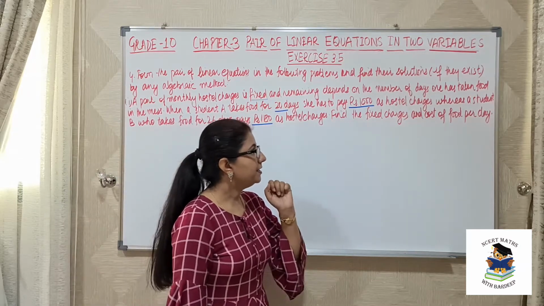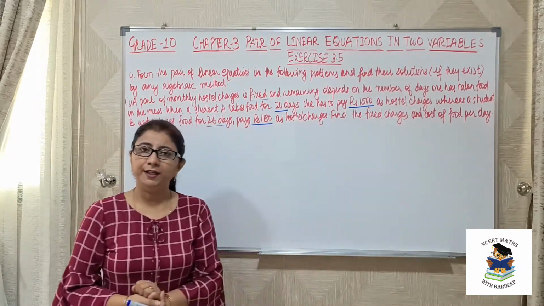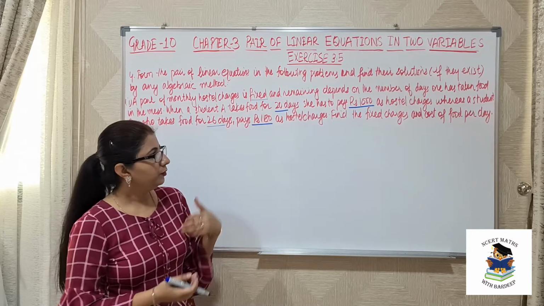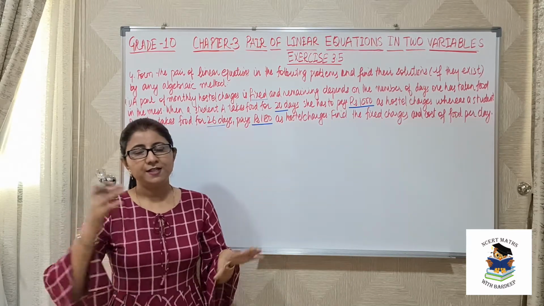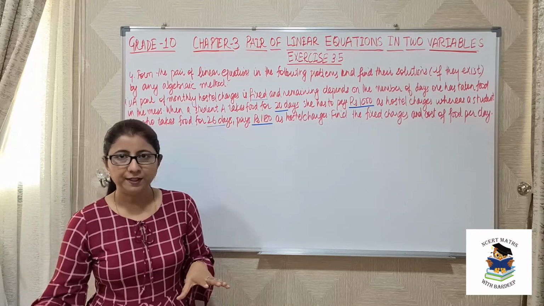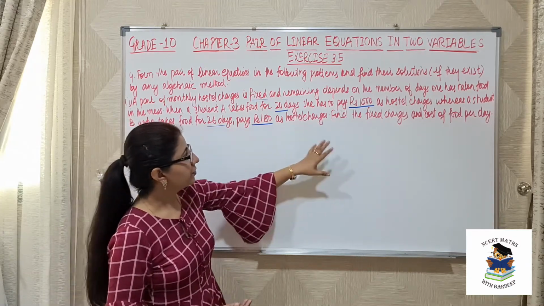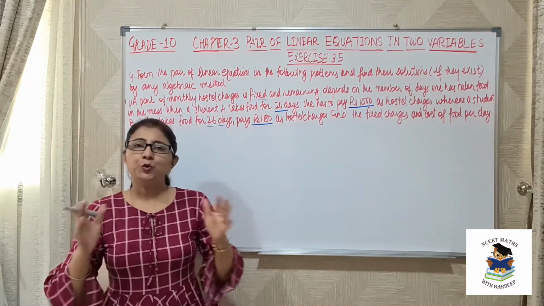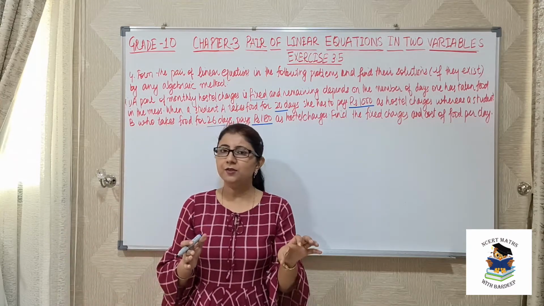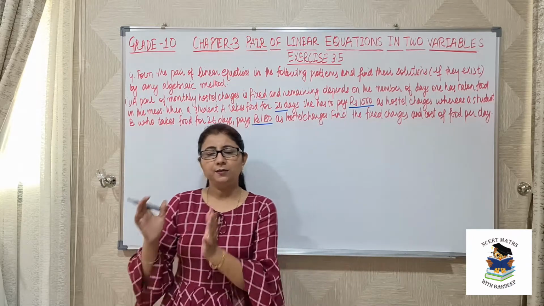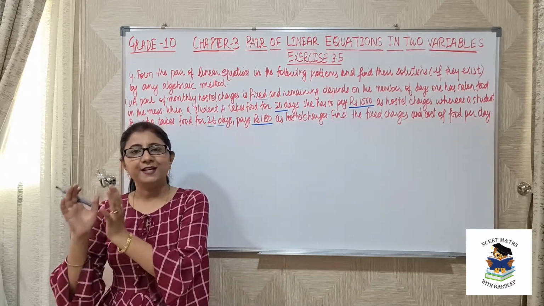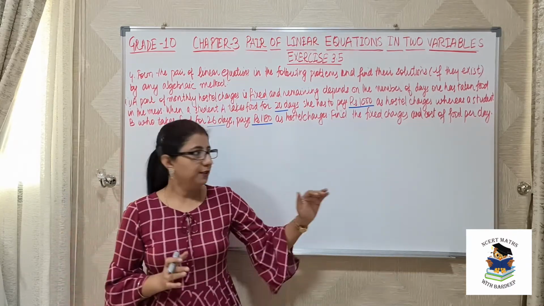Find the fixed charges and cost of food per day. So this question is similar to our previous question where taxi charges are given, that something is fixed and something we have to pay per kilometer. Similarly, hostel charges is divided into two different categories. Something is fixed that every student has to pay and some other thing is depending upon how many days that student has taken food from the mess.